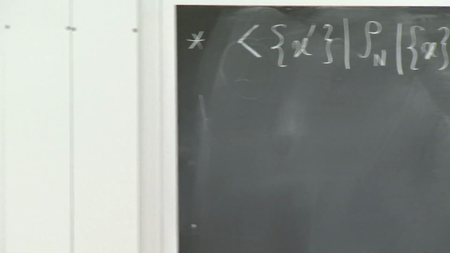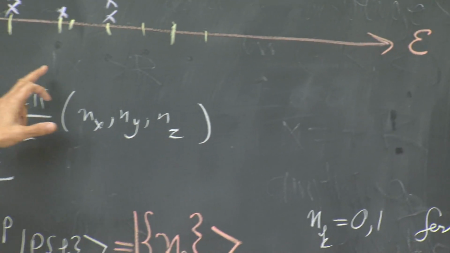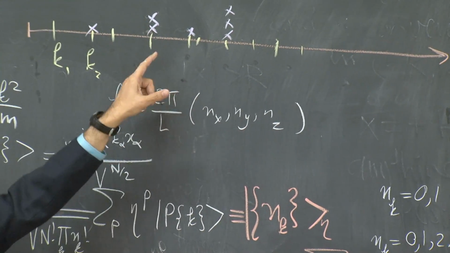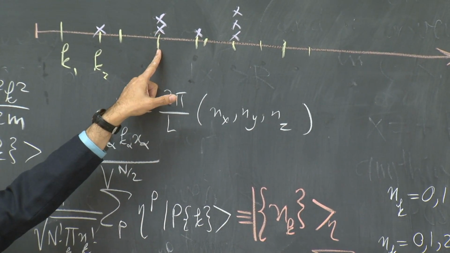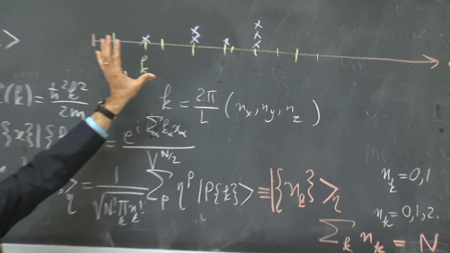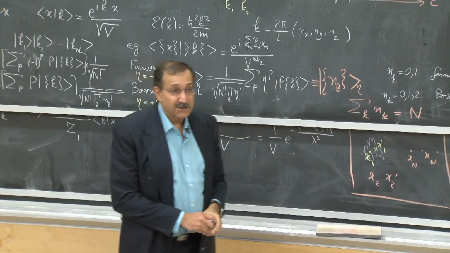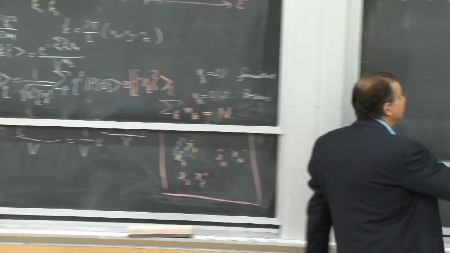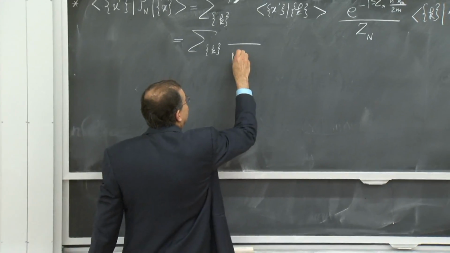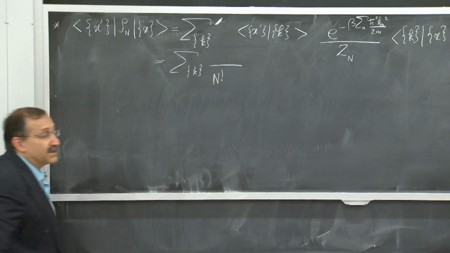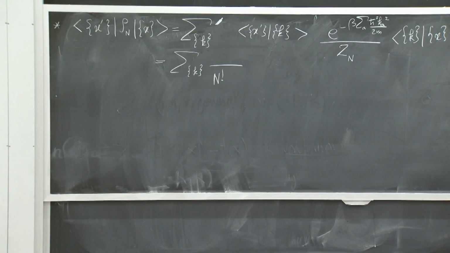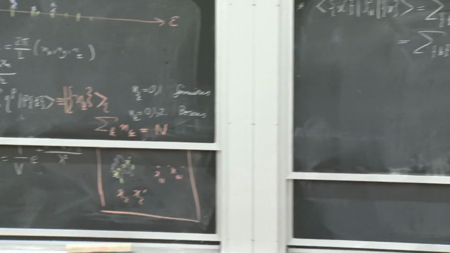If I'm looking at a case where all of the k's are distinct, they don't show any double occupancy, then I have overcounted by the number of permutations, because any permutation would have given me the same state. So I have to divide by the number of permutations to avoid the overcounting due to symmetrization here.